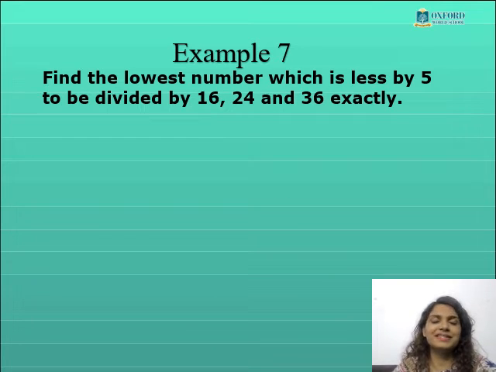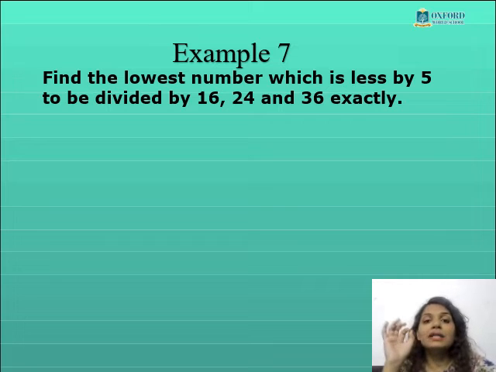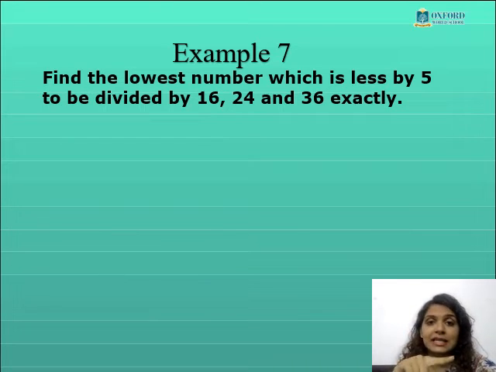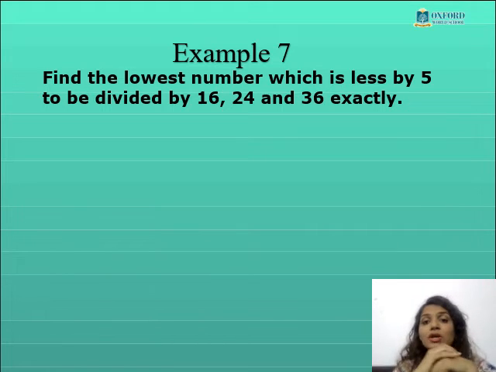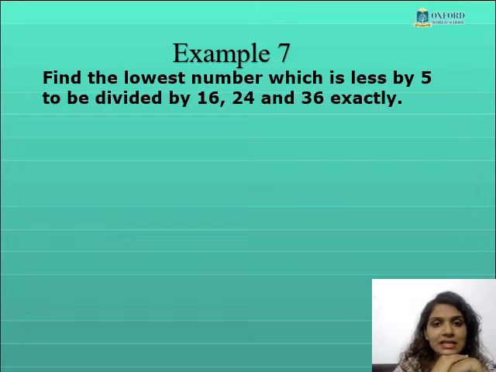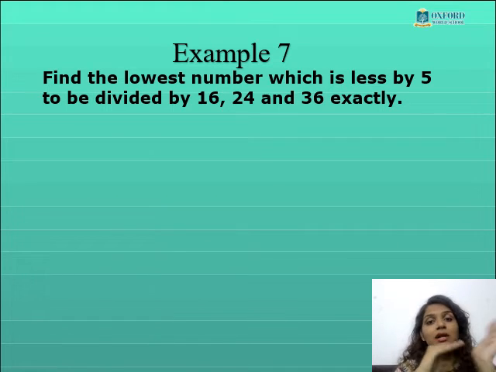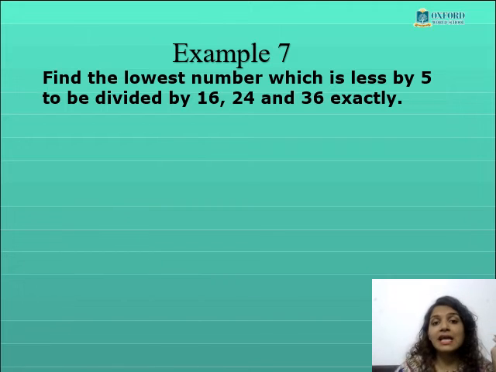Okay, next is example number 7. Now find the lowest number which is less by 5 to be divided by 16, 24 and 36 exactly. So exactly divisible means any number which divides 16, 24 and 36 and gives you a zero remainder.